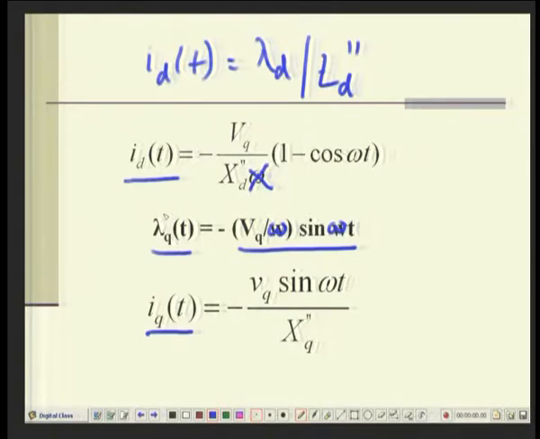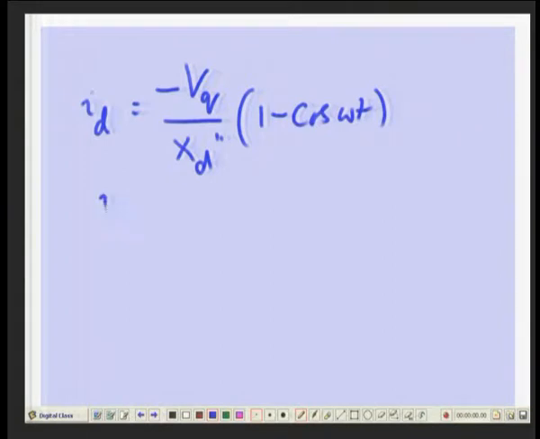Okay. Is it okay? We have a simple term VQ by XD double dash 1 minus cos omega t, and IQ is minus VQ by XQ double dash into sin omega t, isn't it?